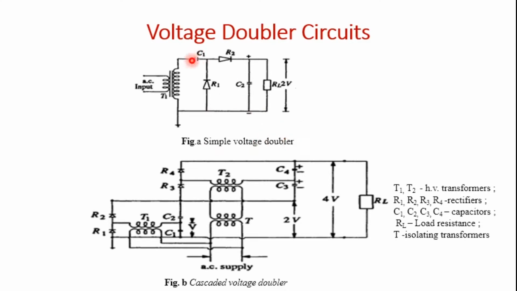The capacitor C1 is charged through the rectifier R1 to a V maximum value with the polarity shown in the figure, and during the negative half cycle, as the voltage of the transformer rises to the positive, that is V maximum, during the next half cycle the potential of the other terminal of C1 rises to 2V maximum.